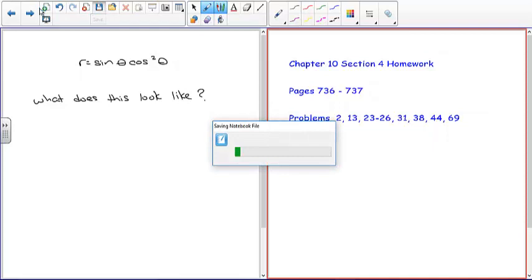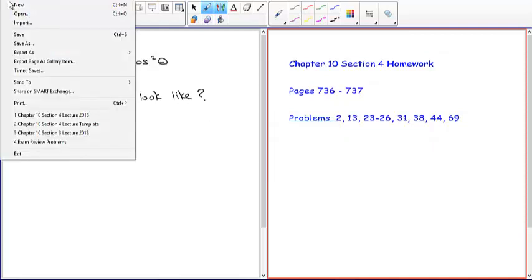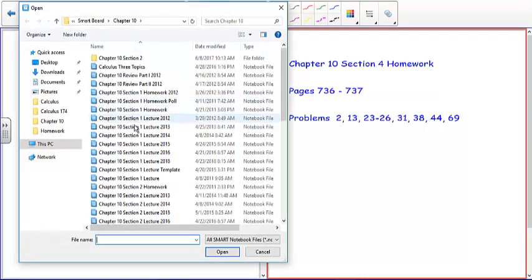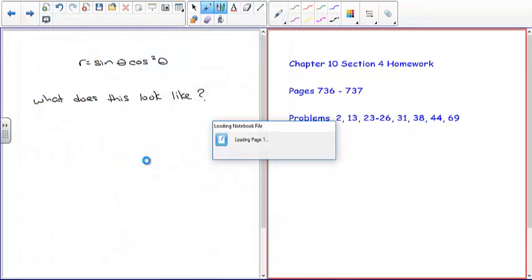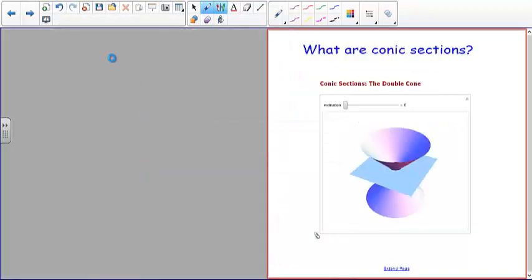Okay, so we're going to go back to section 1 here and do as much as we can in the next day and 10 minutes. Section 10.1 deals with conic sections, and we said those were parabolas, ellipses, circles, which are a special kind of ellipse, and hyperbolas.